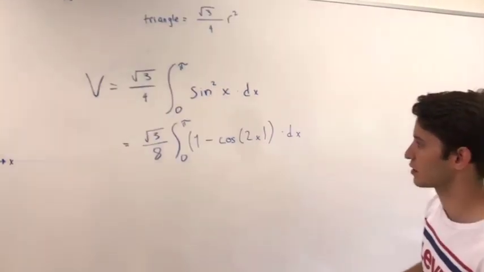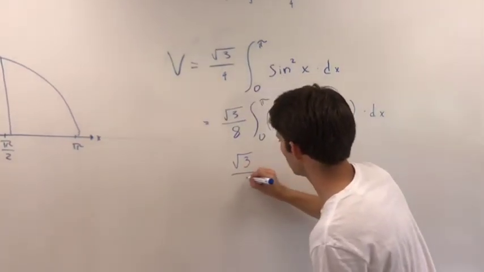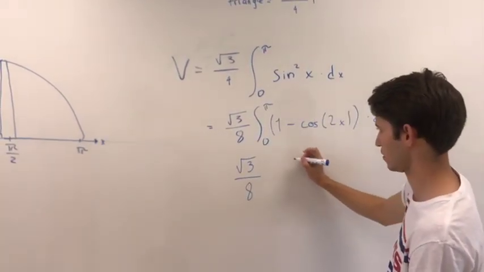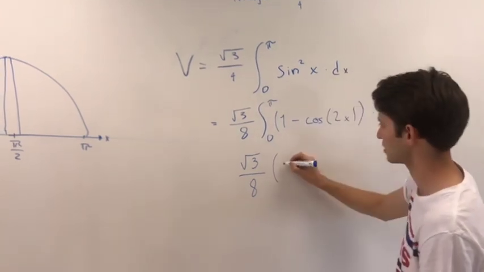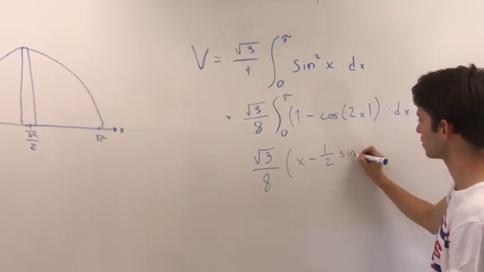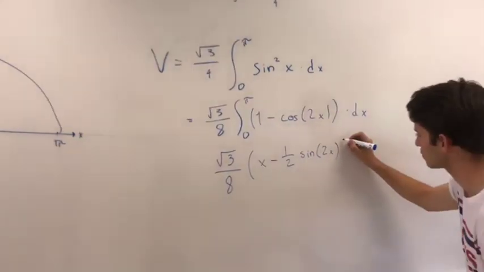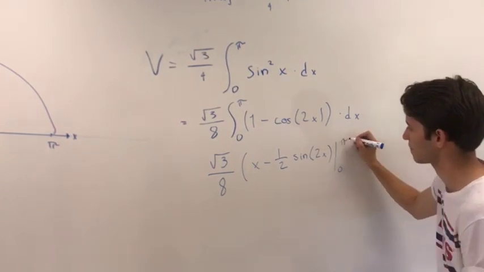And now we can integrate, so it would be this. 1 is x minus 1/2 sine of 2x from 0 to pi.